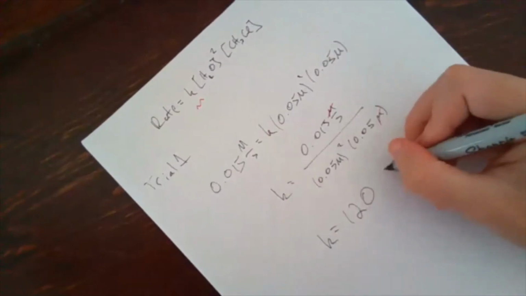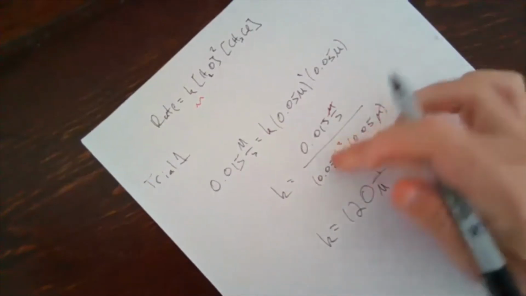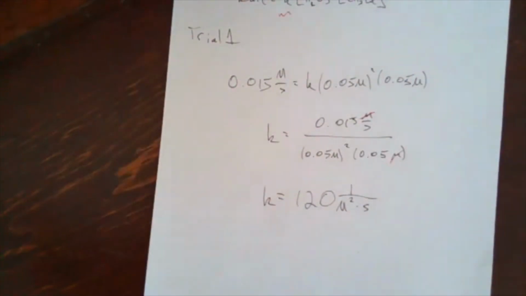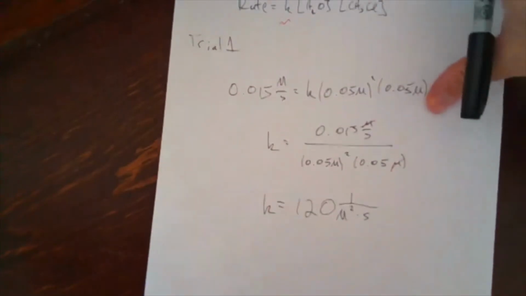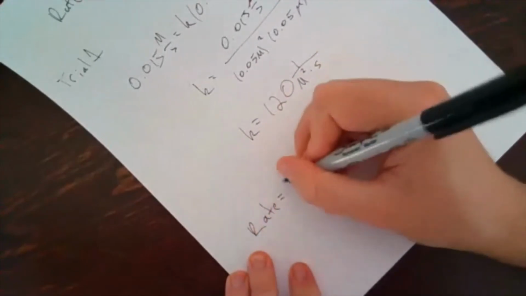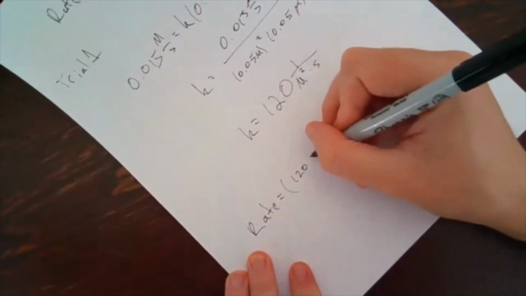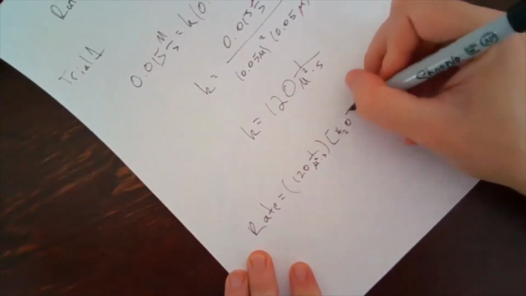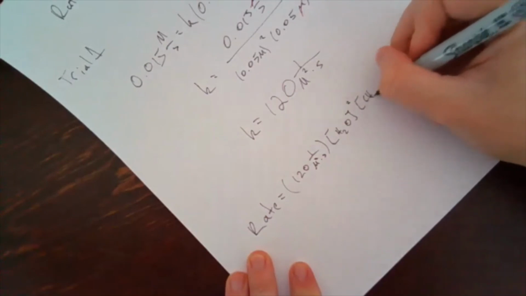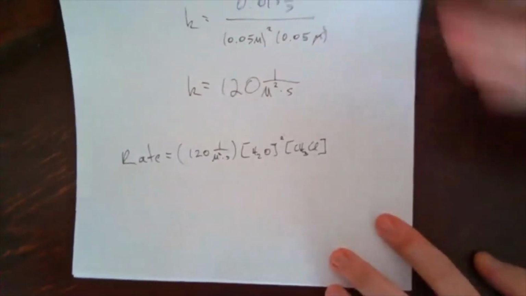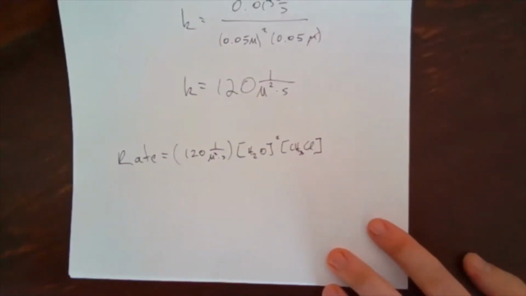And then it would be 1 over molar squared is still there, times seconds. So overall, our rate law, rate is equal to 120 times the concentration of water squared times the concentration of methyl chloride, sorry, CH3Cl, doesn't matter what the name is.